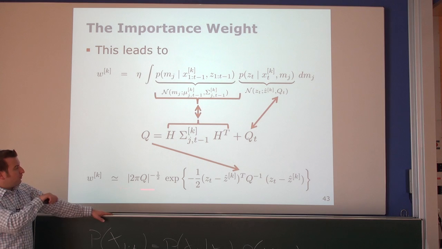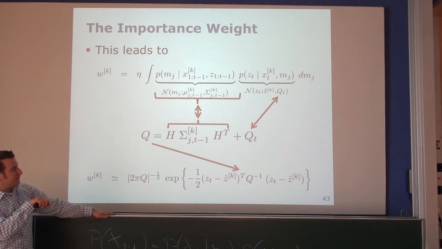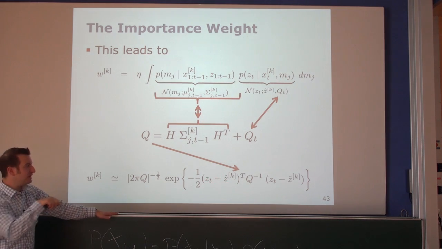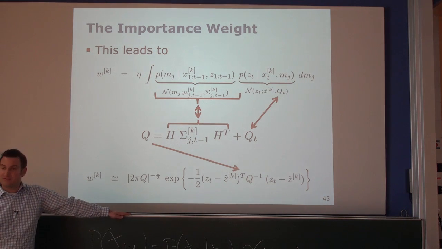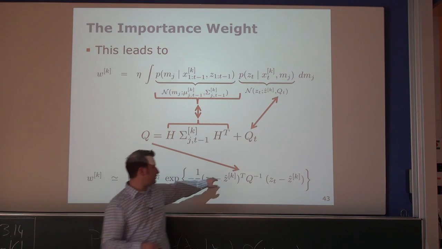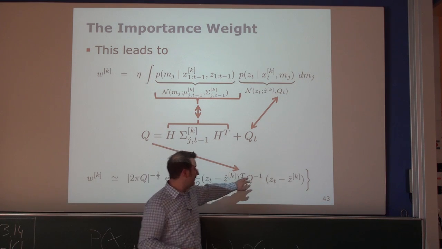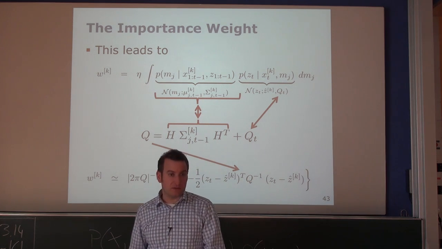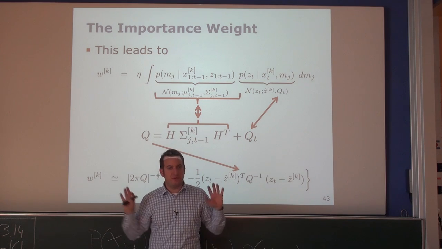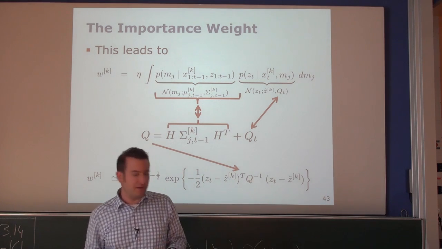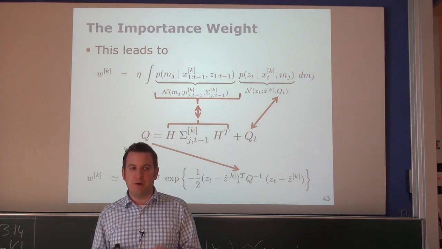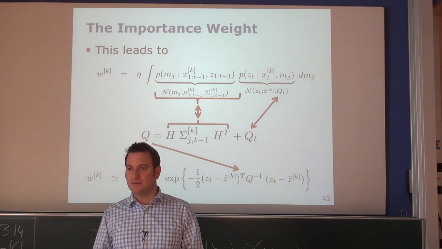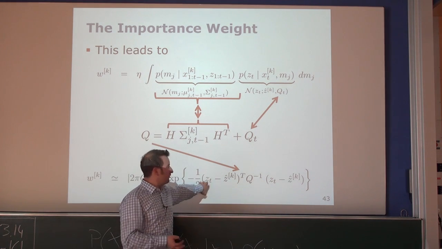As a result, the importance weight can be computed by evaluating the Gaussian distribution and comparing the difference between the current observation and the predicted observation, given the expected uncertainty of that belief, which is given by how certain I am about the location of the landmark plus the uncertainty of my sensor. This perfectly fits the intuition I gave at the beginning today: the weight tells me how consistent the map that the particle built is with what the robot currently sees.